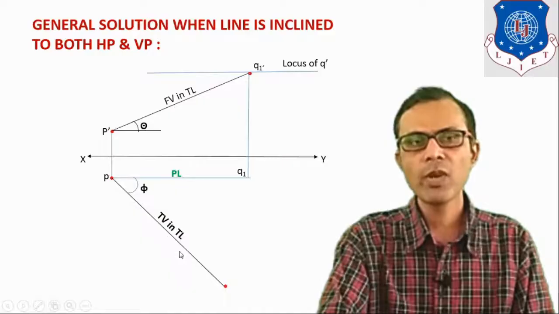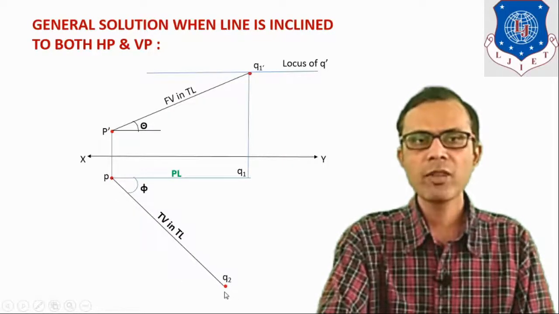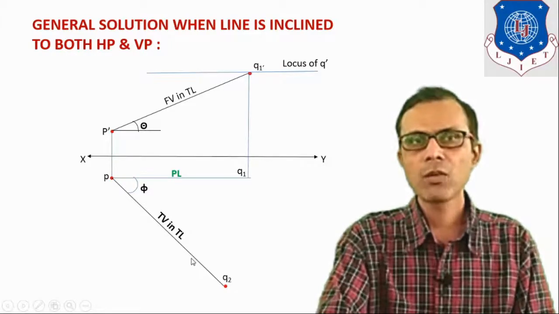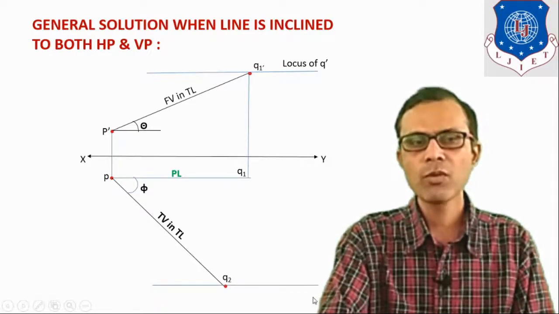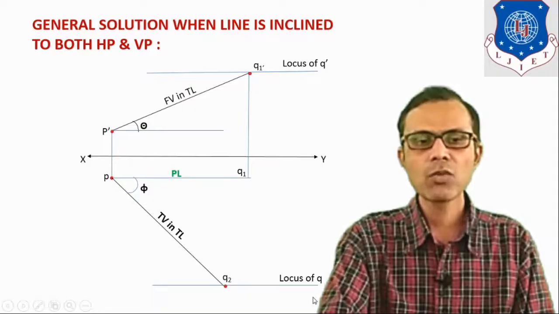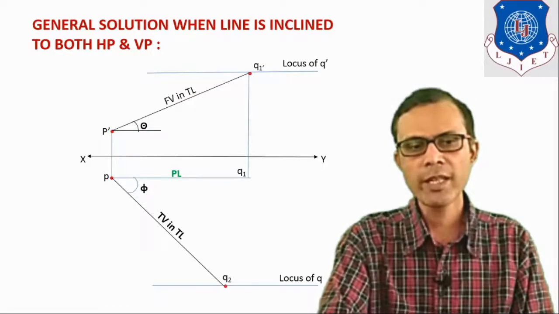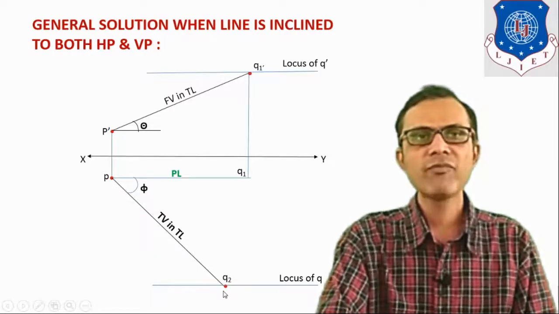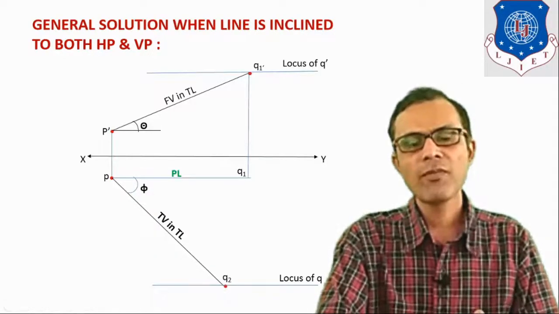So it is the top view in true length, and this point will be denoted by Q2. PQ2 is the top view in true length, and from Q2 also draw the horizontal line, that is the locus of Q. It indicates that on this locus line somewhere you will get the final position of Q.